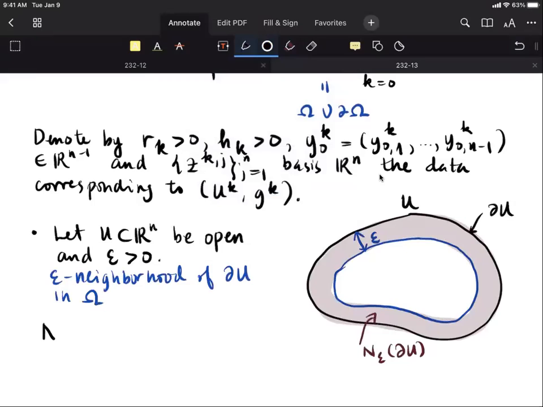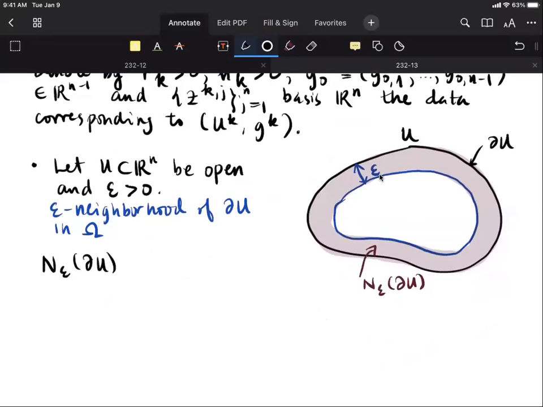So that would be the set of all points x in Rn, more precisely in U, such that the distance of x, so we have here an x on the boundary, is less than epsilon.